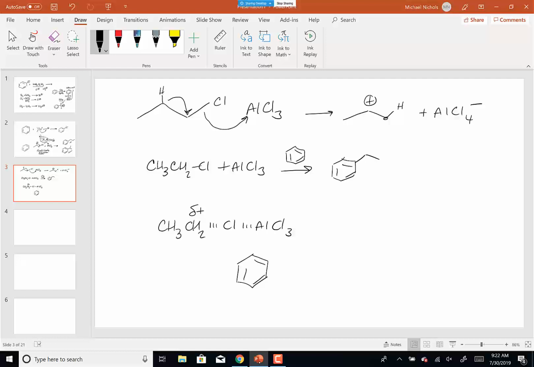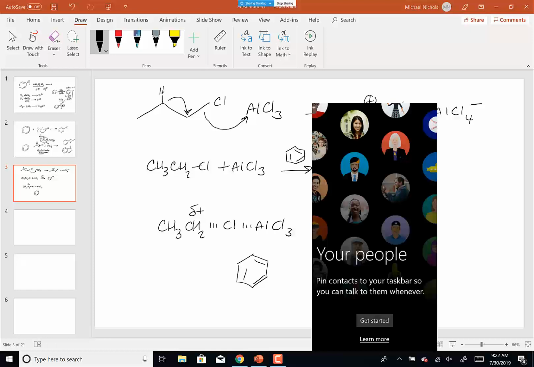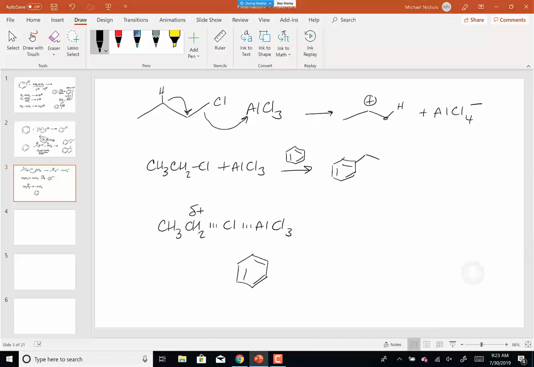It's a little bit short of a full positive one charge. So the ethyl group will become as positive as it needs to be to add to the benzene ring, and that is not quite a full-blown positive one charge. So in this case, we never really form an ethyl carbocation, but we form an ethyl with enough delta positive that you can add the ethyl group into the ring.